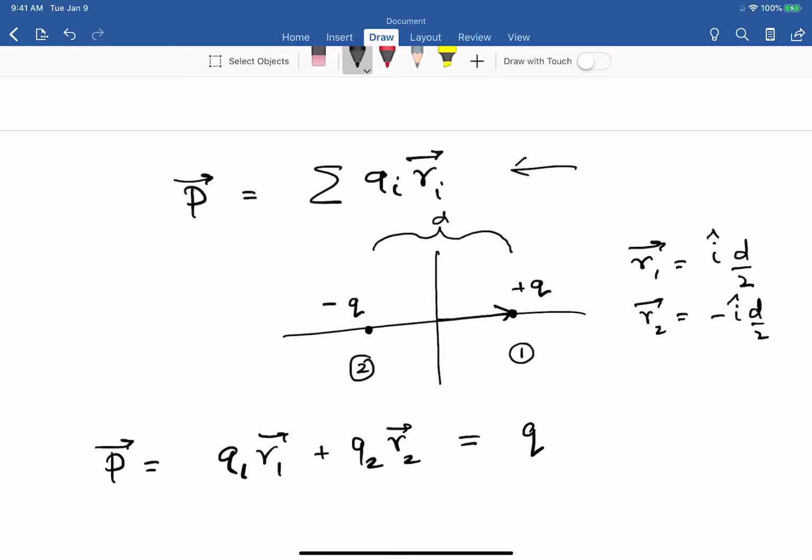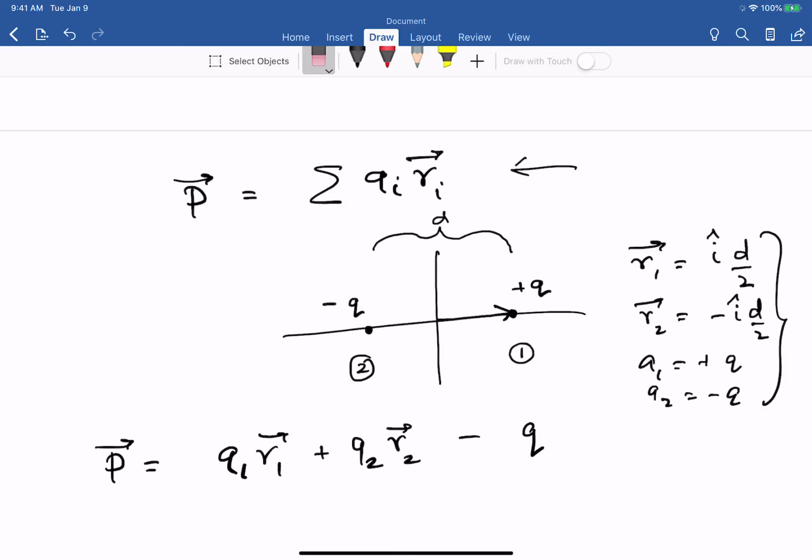Let's plug those in. Actually, let me just fix that. q1 is equal to plus q and q2 is equal to minus q. So all that we have to do is just plug these in.